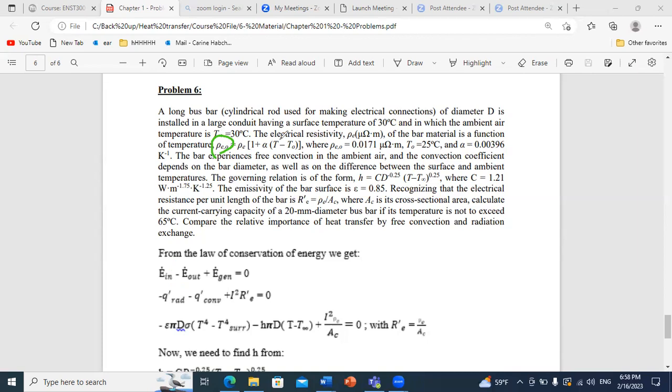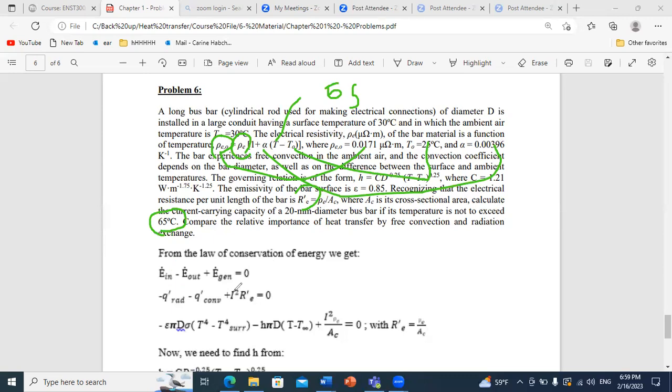And since we should not exceed the temperature of 65 degrees, we are working under these conditions. We replace T by 65. T0 is given as 25, so we replace T0 by 25. Alpha is given. We replace it here. Rho E0 is given. The only unknown then will be rho E. We get the value of rho E. Once we get rho E, we divide it by pi d squared over 4 of the cylinder. We get R prime E.